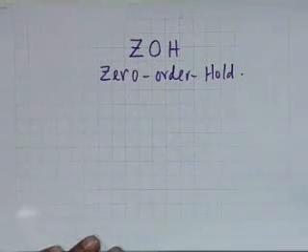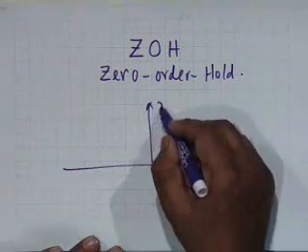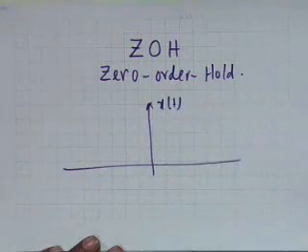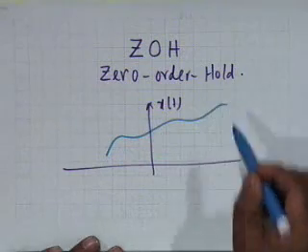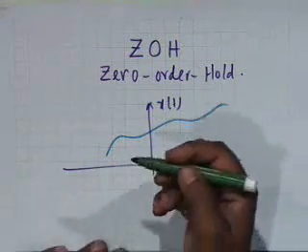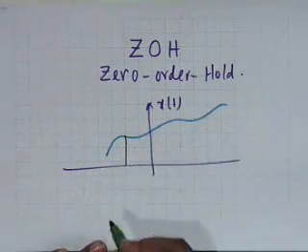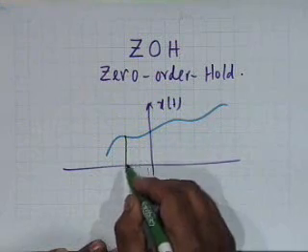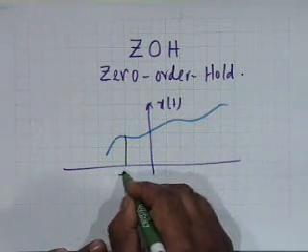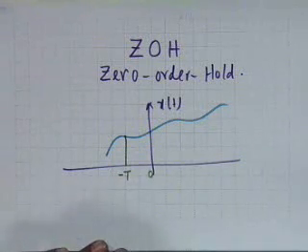It's an extremely simple concept. Suppose you have an x of t like this, let's say. Then you construct a device which gets stuck at the value, let's say at some point of time minus capital T.